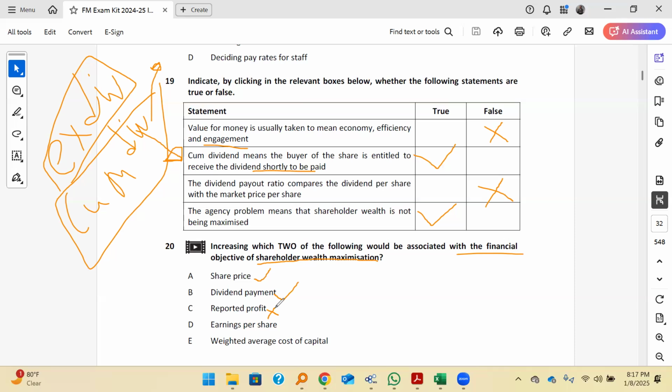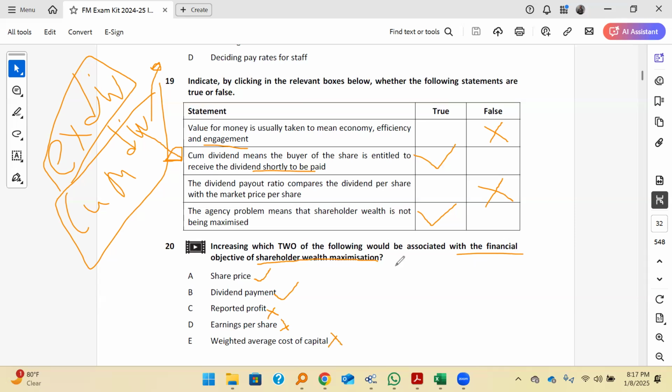So usually we don't consider it, we normally consider cash flows. Earnings per share, which has the element of profit, and weighted average cost of capital are not regarding the financial objectives.